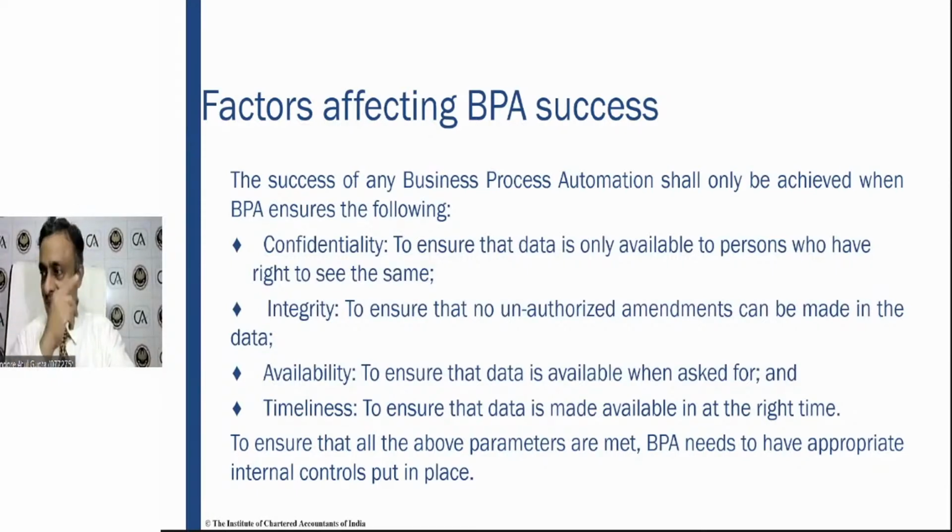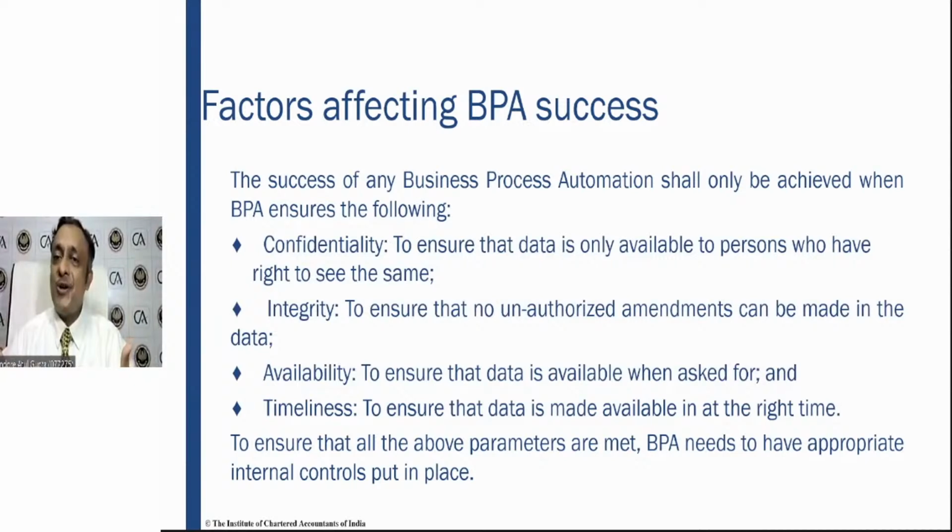Okay. So confidentiality: to ensure that data is available to persons who have the right to see the same. Now see, what I want you to give as an example. So what example are you going to give? This I want you to note. Example for confidentiality: creating passwords, giving access. See how you ensure it.